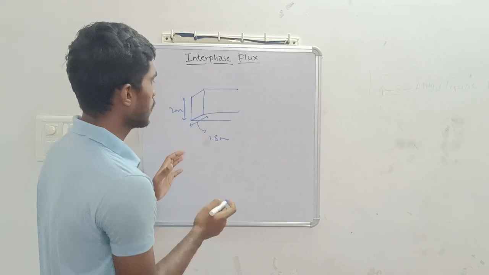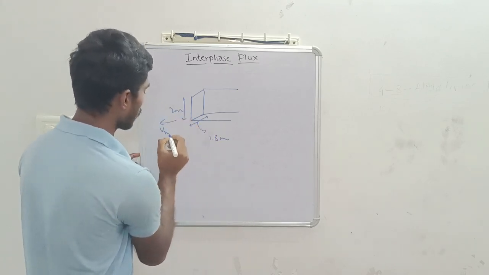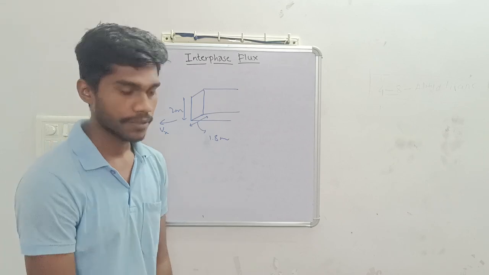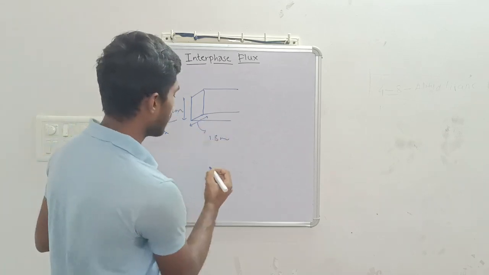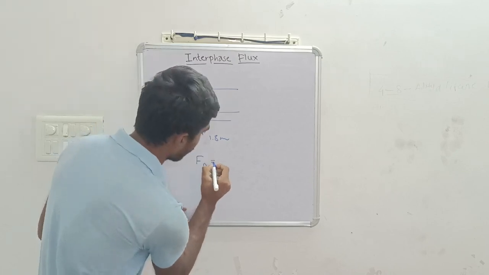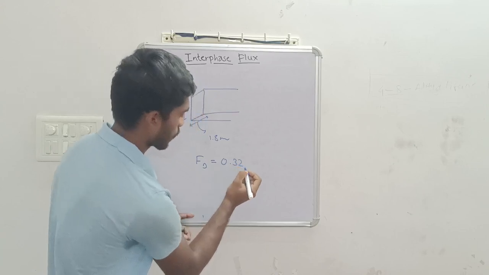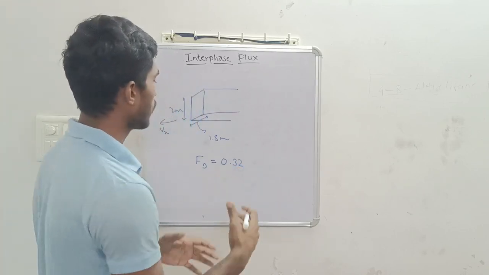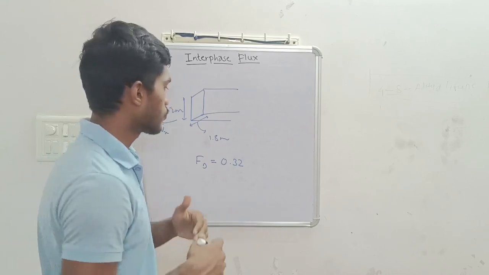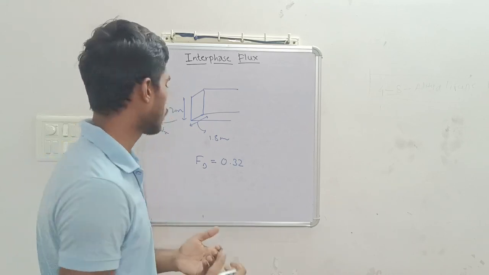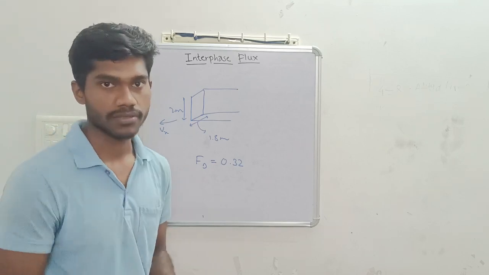This car is moving in a direction Vx or minus Vx, whatever we take. It will feel some drag, defined by the friction coefficient equal to 0.32. So it will affect the motion of the car, and the car needs to give a constant power to move in that direction, and we have to calculate that power.